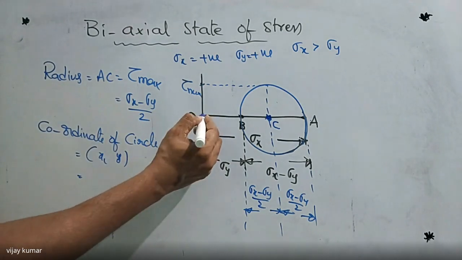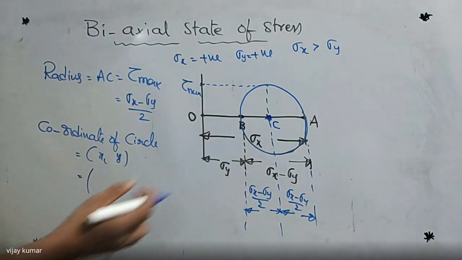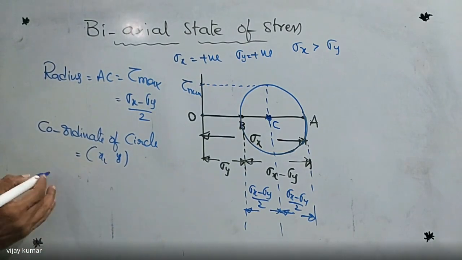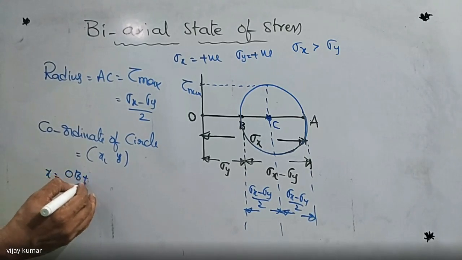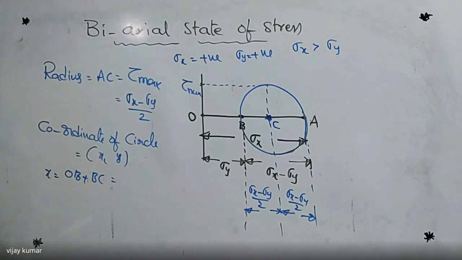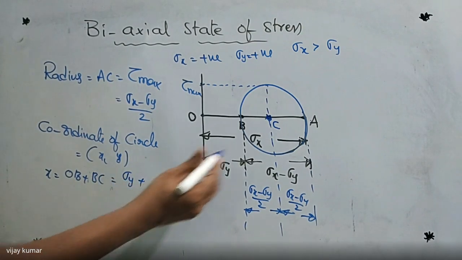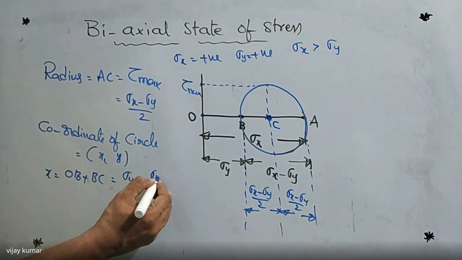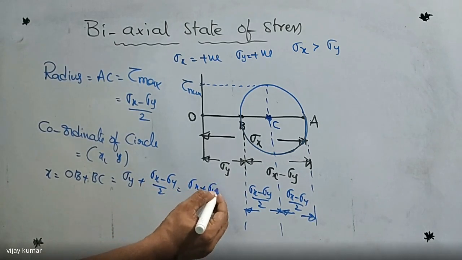What is the distance between these two points? Here x is nothing but OB plus BC. OB is sigma y, plus BC, which is sigma x minus sigma y by 2, so we get sigma x plus sigma y by 2.